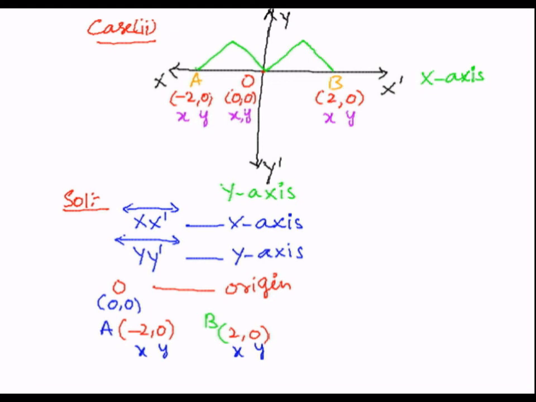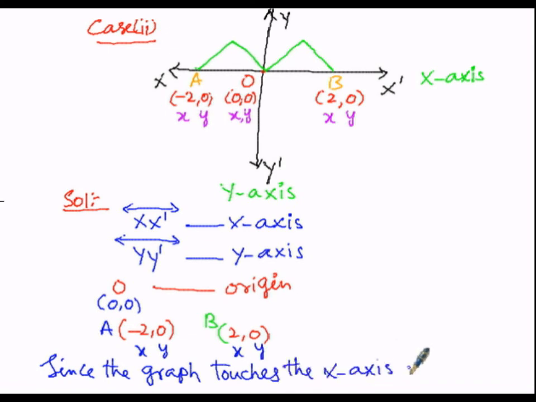So here, since the graph touches the x-axis at points A, O and B, that is -2, 0, 0, 0 and 2, 0.